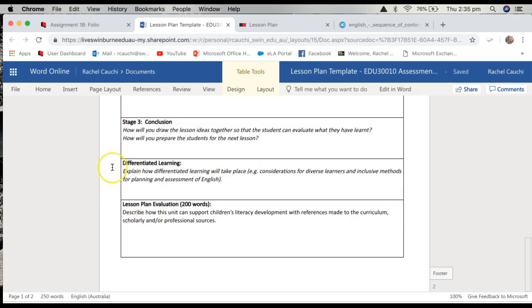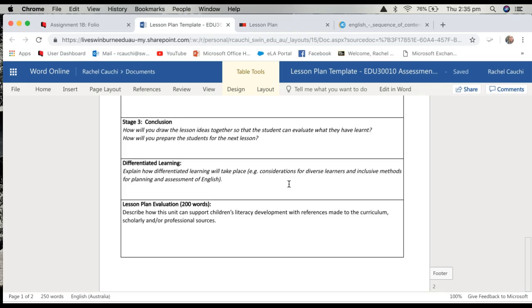So here we're talking about differentiated learning, which is where I said that I'd come back to that idea towards the end. So we're thinking about how we can use differentiated learning and explain how it will take place. We need to make considerations for diverse learners and inclusive methods, exactly the same way that we would have done in assessment 1A.